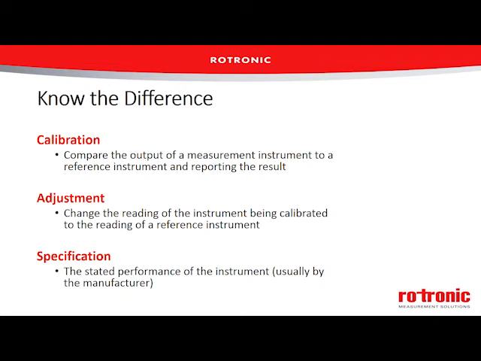Just because an instrument has a specification does not mean that it performs to that specification. A specification is just a statement: here's how the instrument should perform. And the only way you know that the instrument meets the specification is to do a calibration. And then you may have to adjust depending on the result.